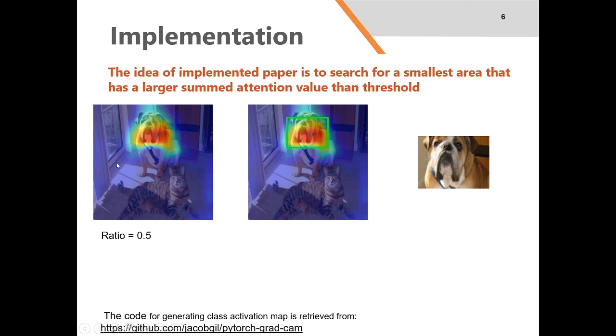This page explains the implementation results of the selected paper. The first image shows the original image masked with the attention map. The second image shows the cropping rectangle, which is enclosed by the green line. The cropping ratio used is 0.5, which means the summed attention value in this rectangle is half of the total attention value.